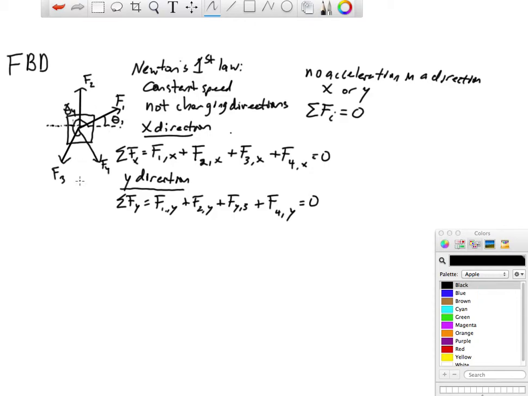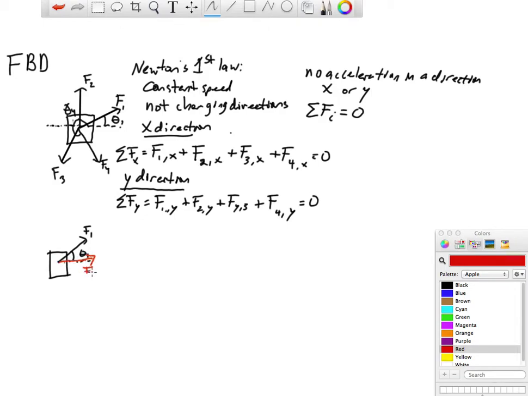So we know that, let's say I redraw this little free body diagram. I have a force like this for F1. I'll just do F1's case. I'll have you guys do the rest. Here's our angle 1. I know that this force has an x direction, which I'll mark in red.